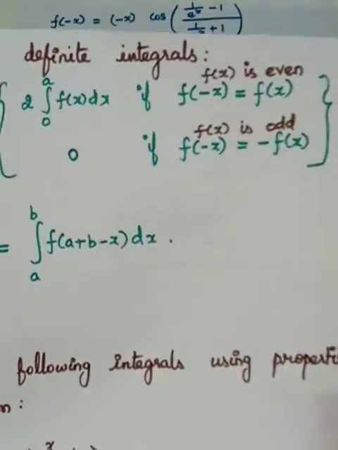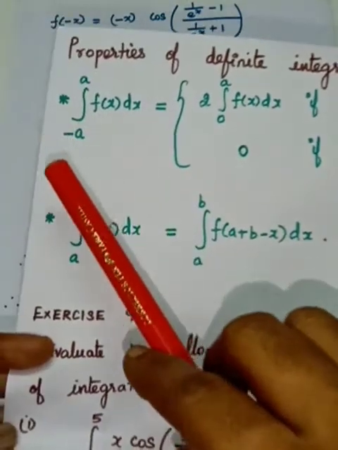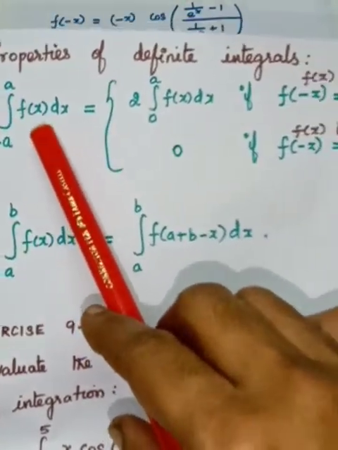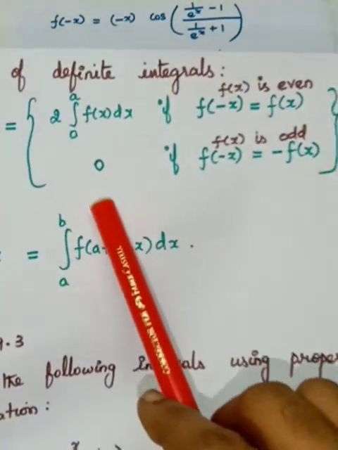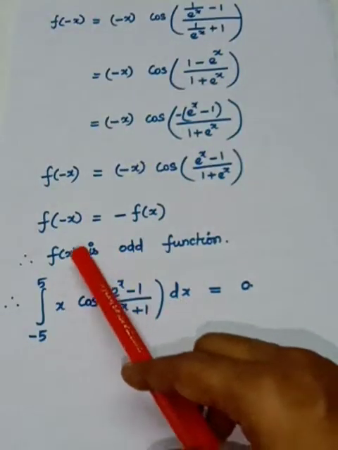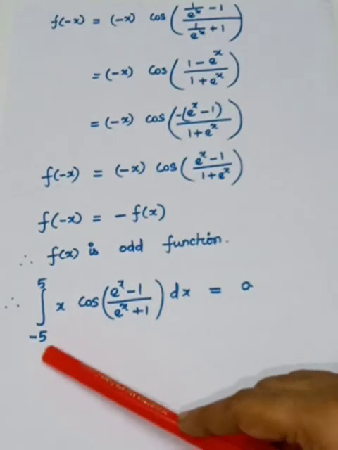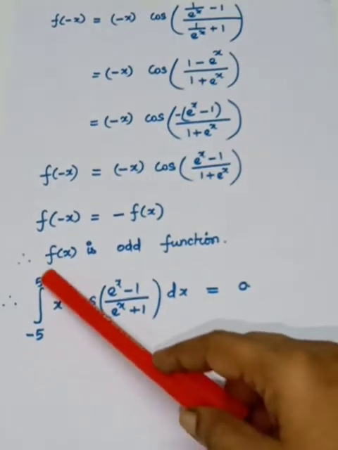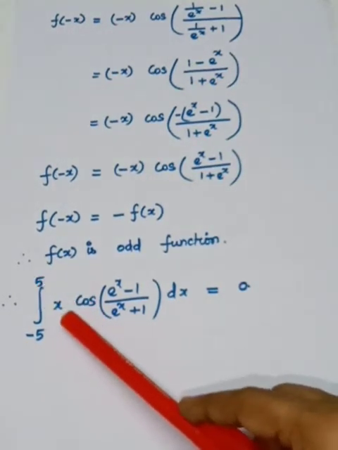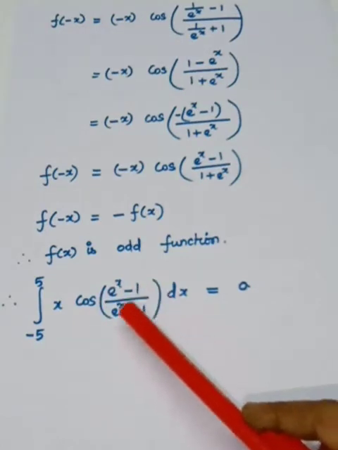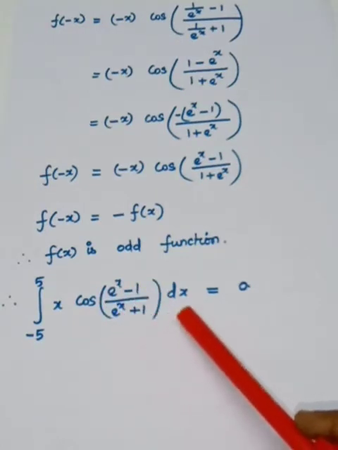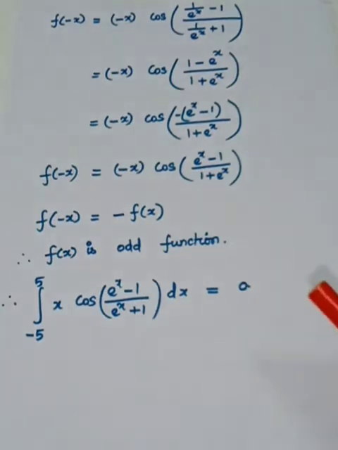If your f of x is odd, the integral from minus a to plus a of f of x dx is equal to 0. So you have to conclude the given f of x is an odd function. Therefore, the integral from minus 5 to plus 5 of x cos of (e power x minus 1) divided by (e power x plus 1) into dx is equal to 0.